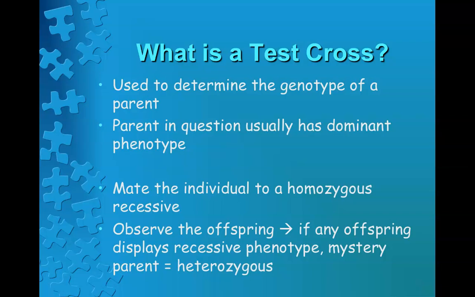The red cow, for example. Red cow is recessive, so they have to carry two recessive alleles in order to show that trait. I mate that unknown dominant with the homozygous recessive whose genotype I know, and I observe the offspring. Counting the number of offspring will help figure out whether or not that dominant phenotype is homozygous dominant or heterozygous.